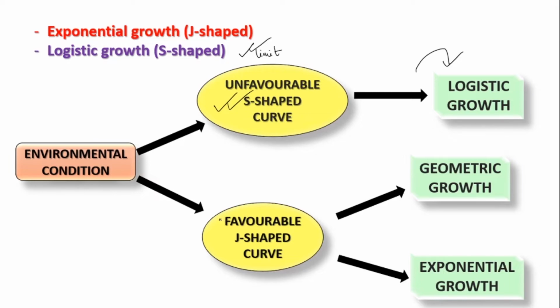And if the environmental factors are favorable, that means here environmental factors cannot limit the population growth, then the populations will show either a geometric kind of growth curve or an exponential kind of growth pattern. And these two kinds of growth types will show a J-shaped curve.